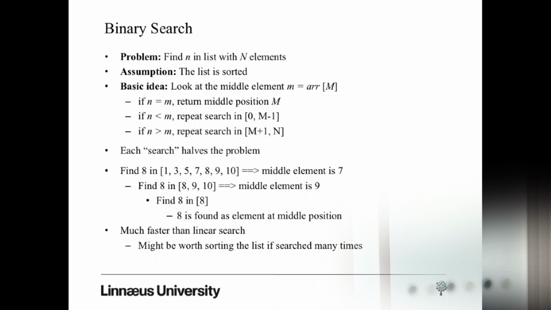Then on this part, 8, 9, 10, the middle value is 9, and 8 is less than 9. It means we have to look into the left part, and in the left part we only have 8. Because you cannot divide it further, that's your last case. If you find the value, it means you have found it. Otherwise, that value does not exist in your array.